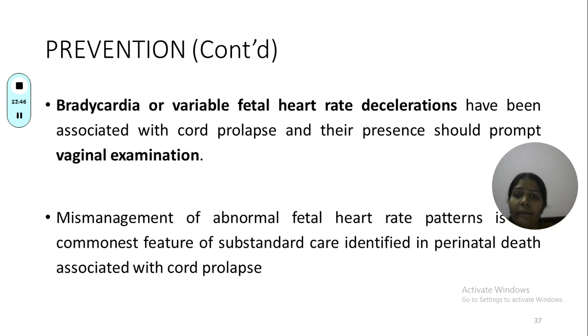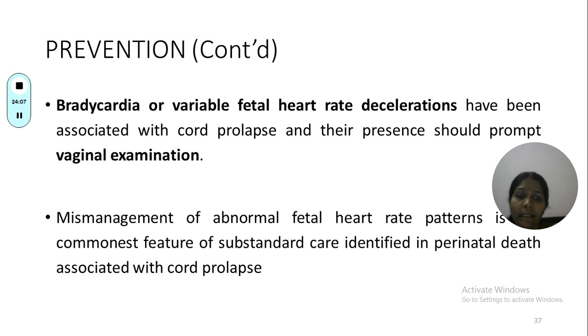Bradycardia or variable fetal heart rate decelerations have been associated with cord prolapse, and their presence should prompt vaginal examination. Whenever we find bradycardia or variable decelerations on a CTG, proceed with a vaginal examination to see if there is any cord prolapse.